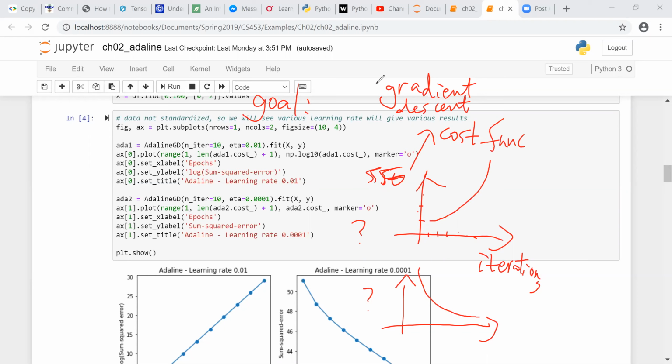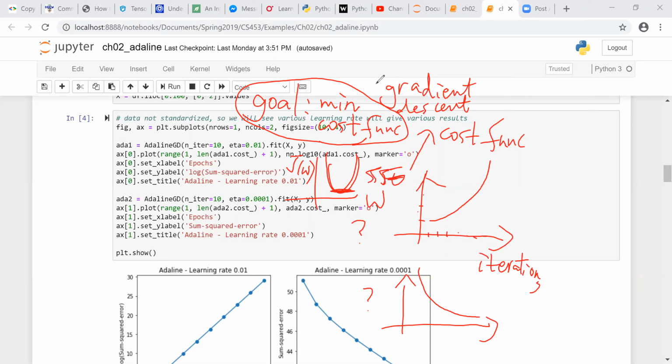Is to minimize the cost function. Is it? You remember that's the convex. Is it? That's a convex. So this is W, this is J(W). Is it? So that's a convex. So it's to minimize. So minimize, then you think which one is better?